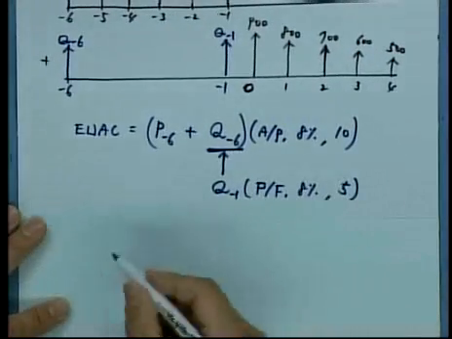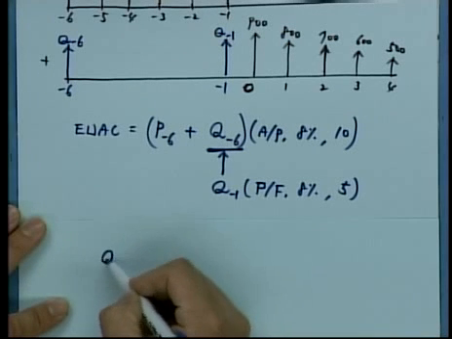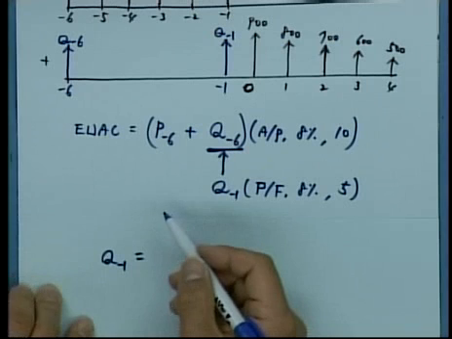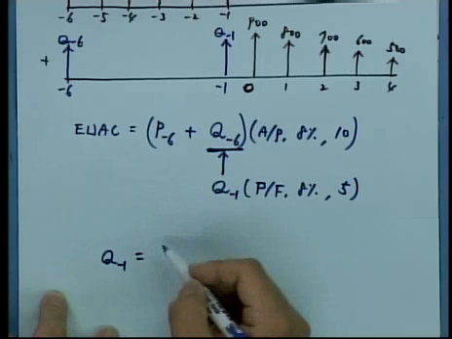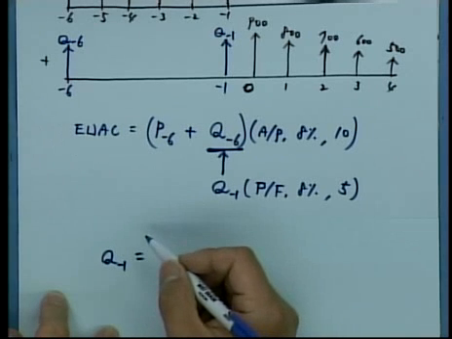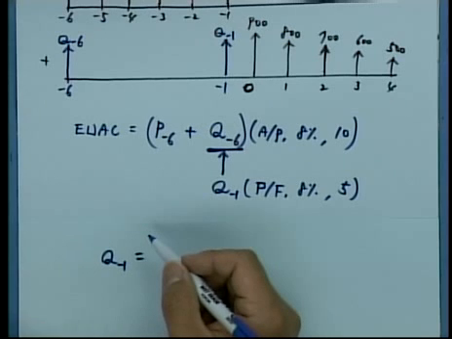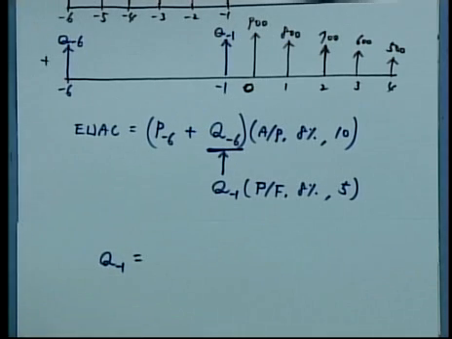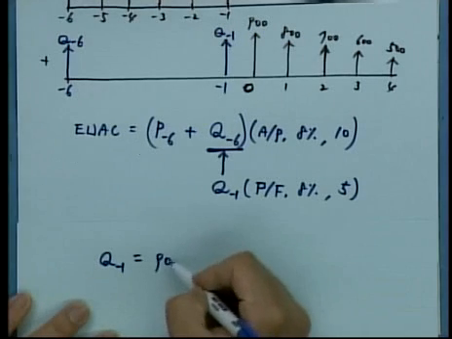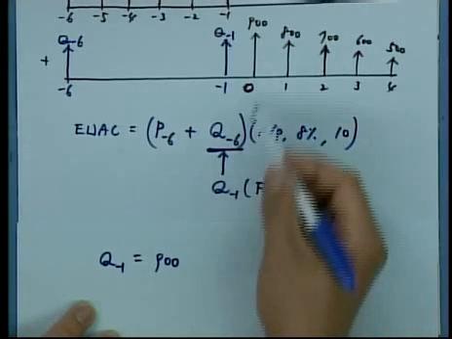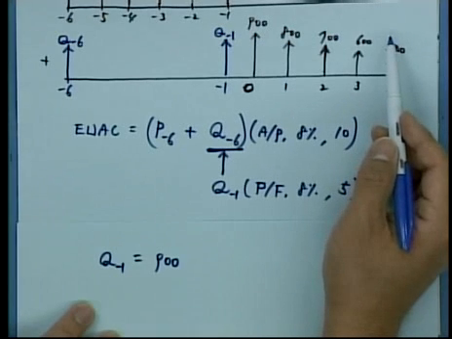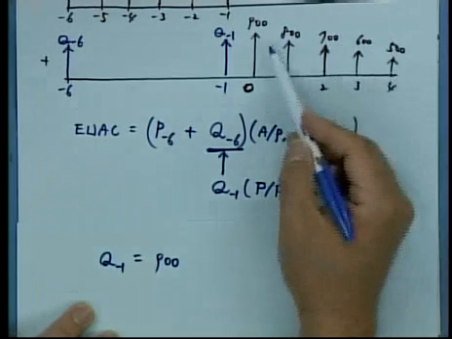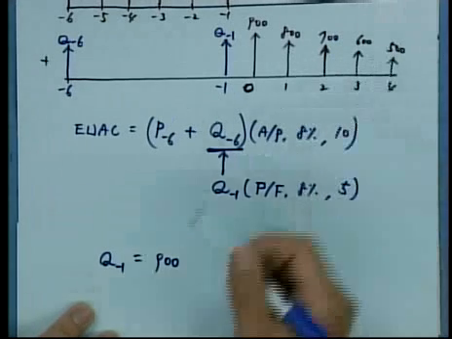So here, Q sub negative 1 is again the summation of uniform series of 900 minus arithmetic gradient series of 100, right?